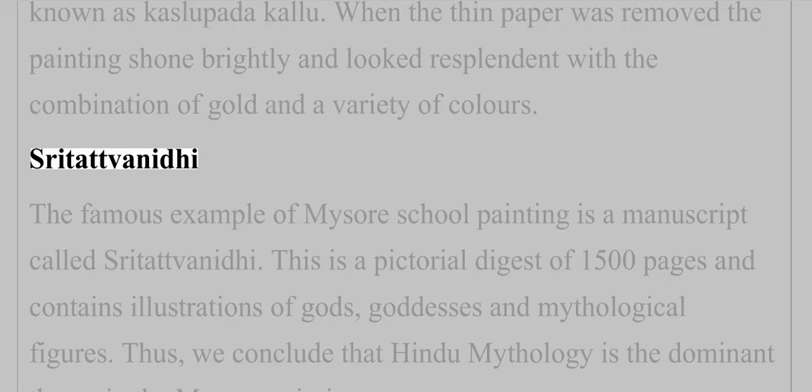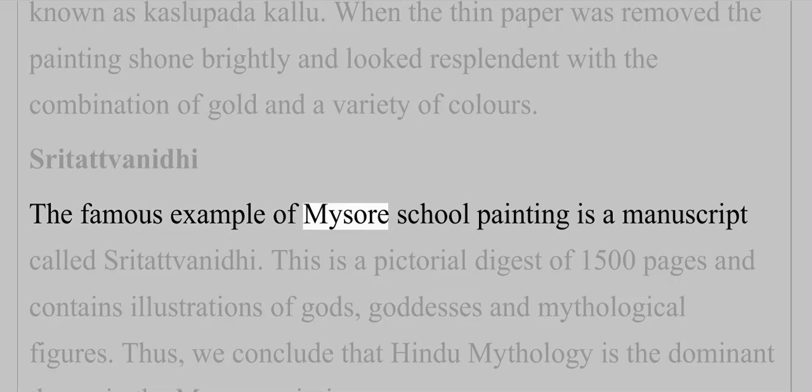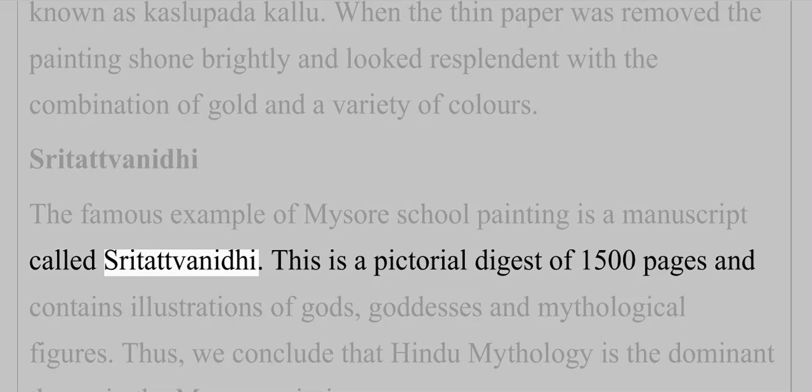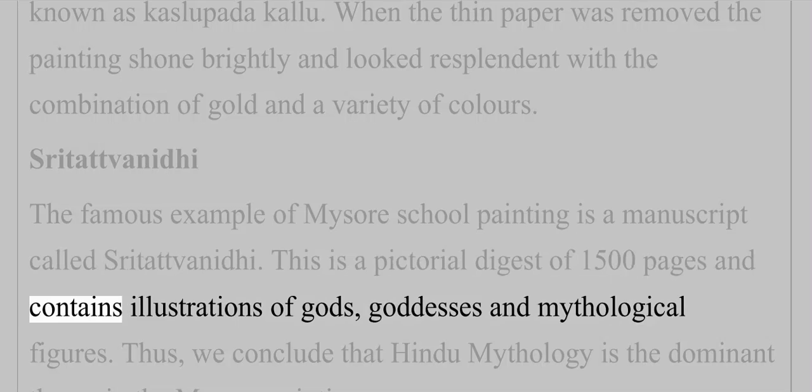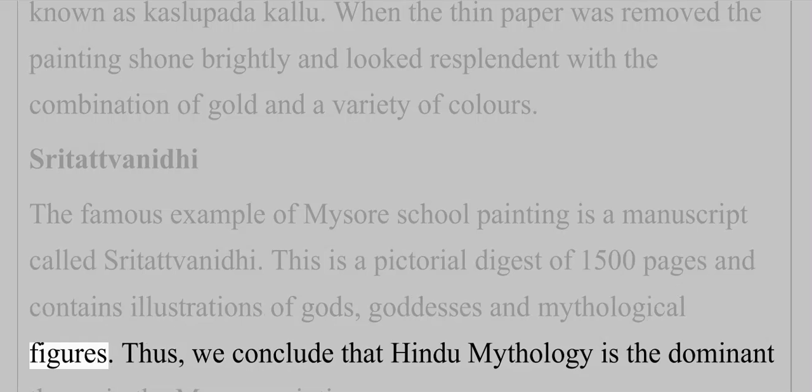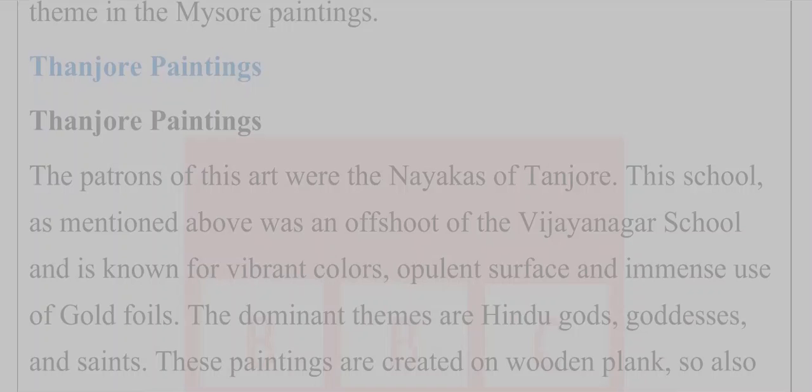Sri Tattvanidhi, the famous example of Mysore school painting, is a manuscript called Sri Tattvanidhi. This is a pictorial digest of 1,500 pages and contains illustrations of gods, goddesses, and mythological figures. Thus, we conclude that Hindu mythology is the dominant theme in the Mysore paintings.